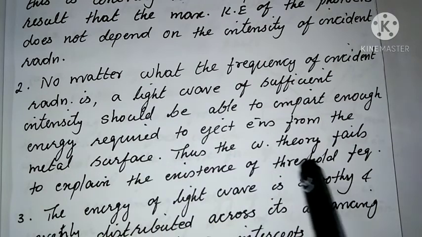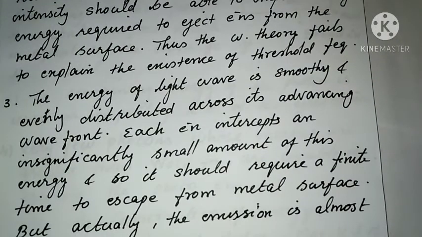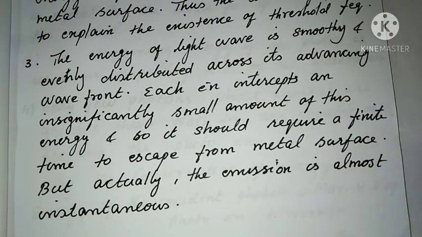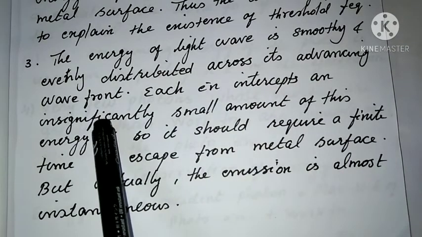So they cannot explain the threshold frequency. Clear? Then the third point: the energy of the light wave is smoothly and evenly distributed across its advancing wavefront.